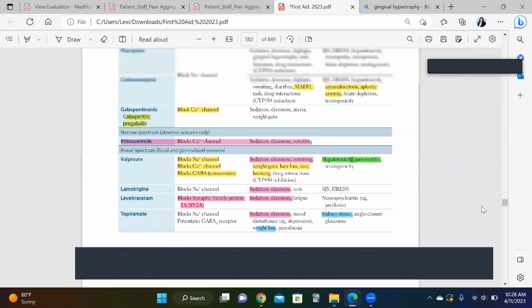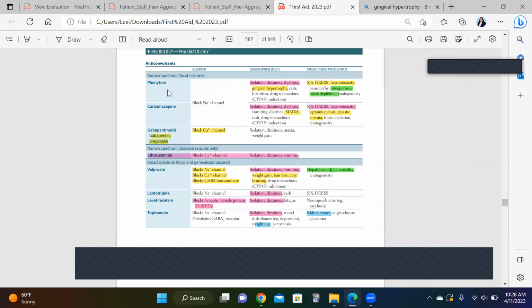Okay, so to recap, our narrow spectrums are phenytoin, carbamazepine, and I hesitate to even put the gabapentins on there because they're really just for pain control. Okay? Everything causes sedation and dizziness and diplopia, plus or minus some nausea and fatigue. Really serious side effects are Stevens-Johnson syndrome, DRESS syndrome, hepatotoxicity.